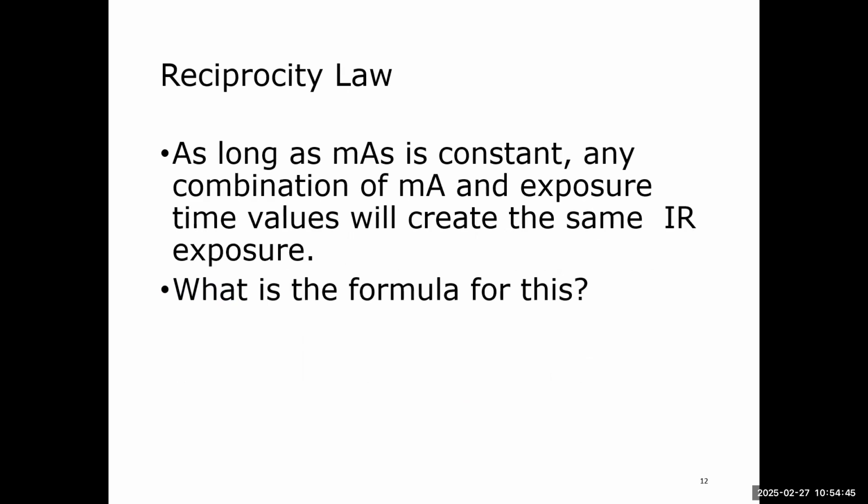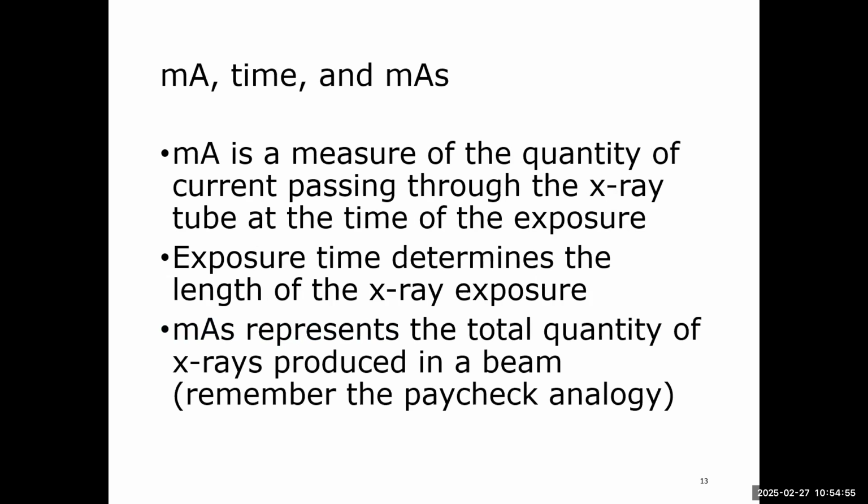It should still give you the same receptor exposure. So what is the formula for reciprocity law? Yeah, mA times time equals mAs. So mA, time, and mAs all have a directly proportional relationship to receptor exposure.